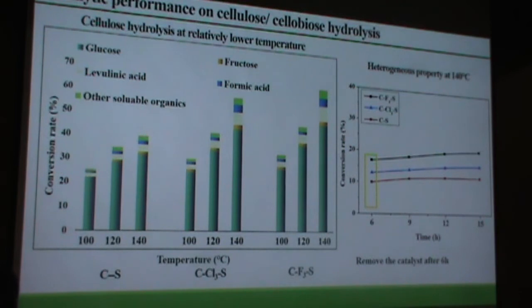And without the catalyst, the conversion rate shows a slight improvement. It is because of the slight leaching of some acid groups, but we can also see that the leaching is not very serious under the temperature of 140 degrees.